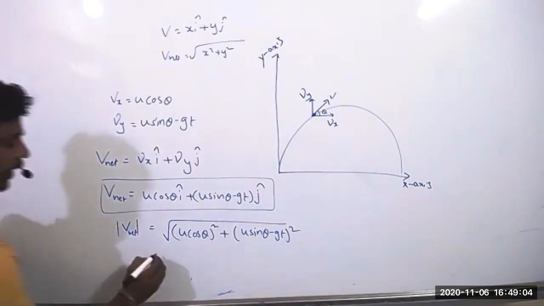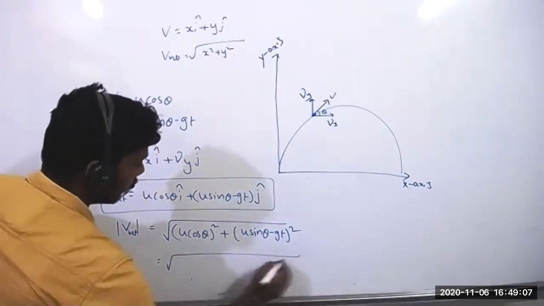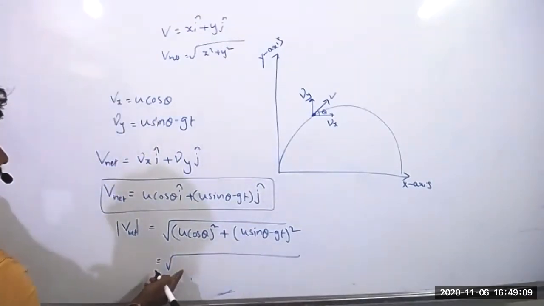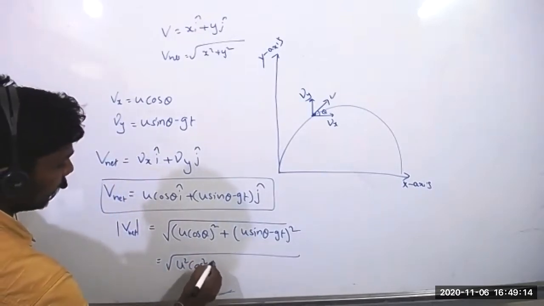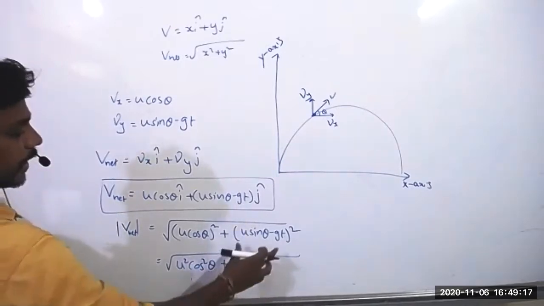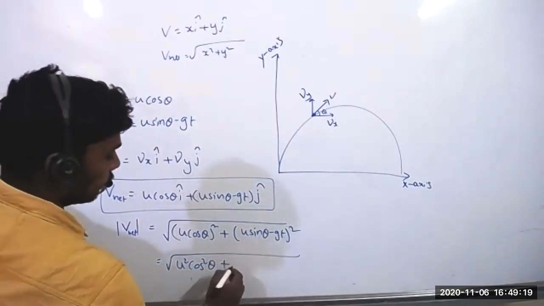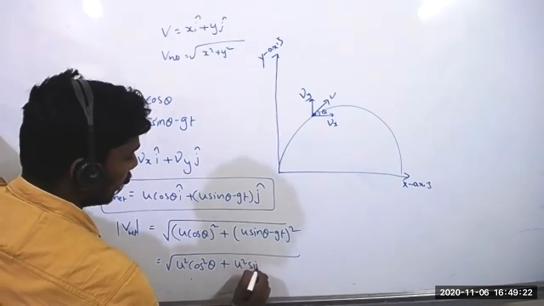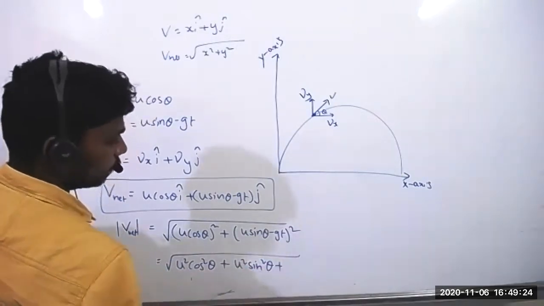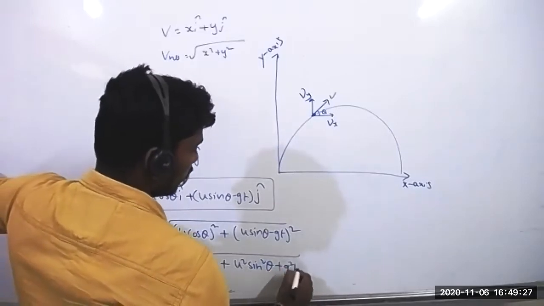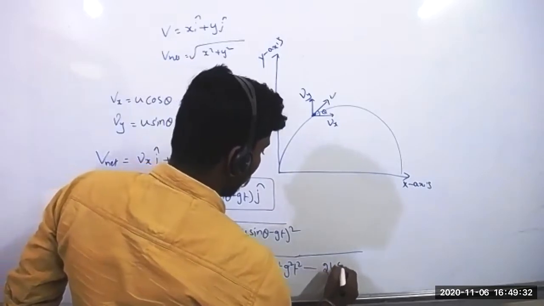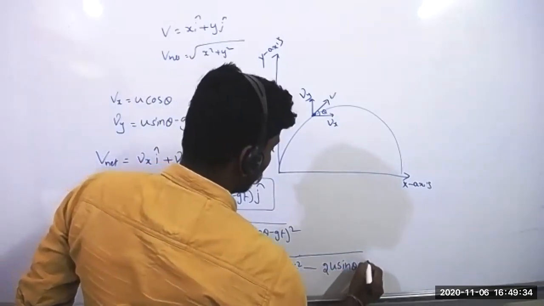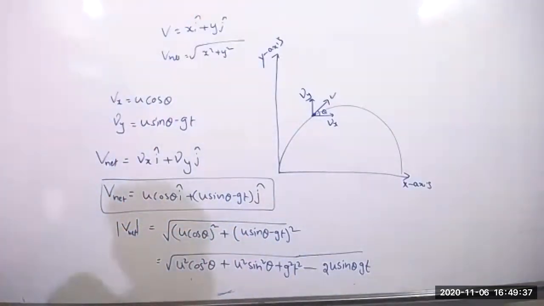Yes, sir. Again, if you resolve this, tell me what I have to write here. u square cos square theta plus u square sin square theta plus g square t square minus 2 u sin theta into gt. Like that we can write.